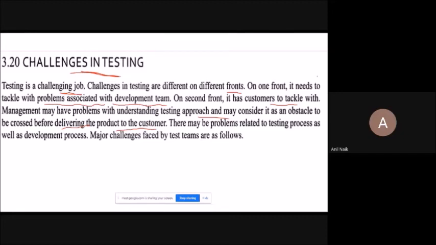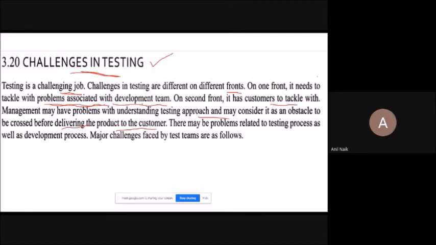See, software testing is a very challenging process. One is that you have to deal with the development team. Sometimes the development team won't cooperate with the testing team, or won't spend more time with them. Generally, the development team develops the product and hands it over to the testing team, providing all the documents.